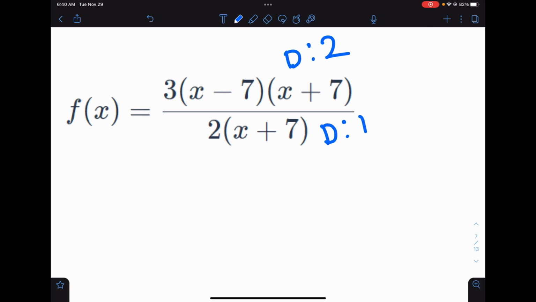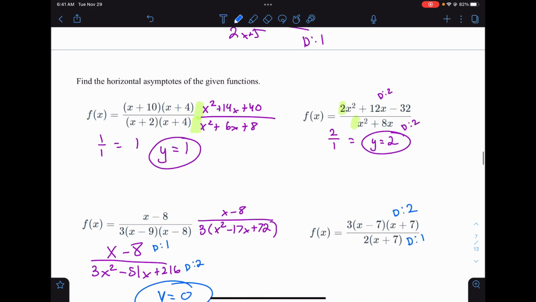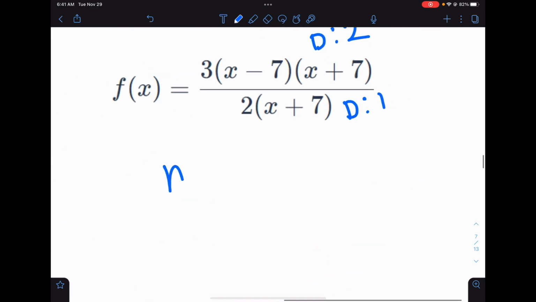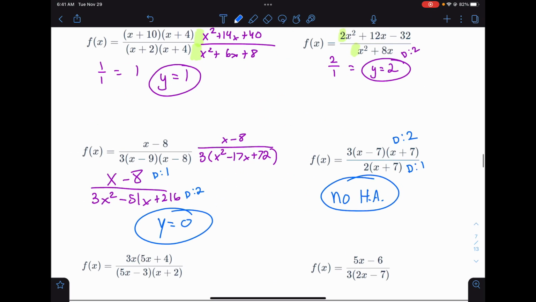You could go ahead and put this in standard form and see that the highest power on top is x squared, the highest power on the bottom is just x. And in this case, our numerator is bigger than our denominator. So when our numerator is bigger than our denominator, there is no horizontal asymptote. This will have what's called a slant asymptote, and we'll talk about that later.